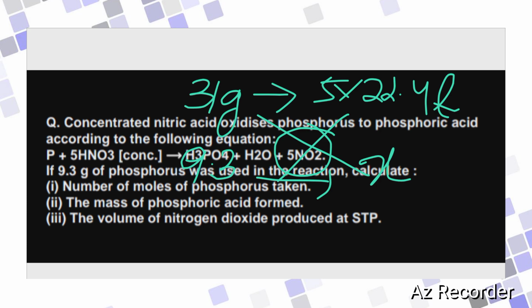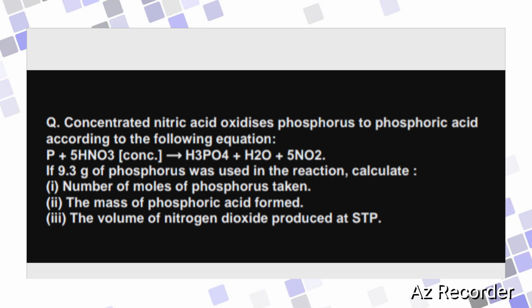Once again, I am repeating it. It is clearly implied from the question that when 1 RMM of phosphorus reacts, we get about 5 moles of nitrogen dioxide. Here the stoichiometric coefficient is 5. 1 mole of any compound would occupy 22.4 liters, so when 1 RMM of phosphorus reacts, we get 5 into 22.4 liters of nitrogen dioxide.